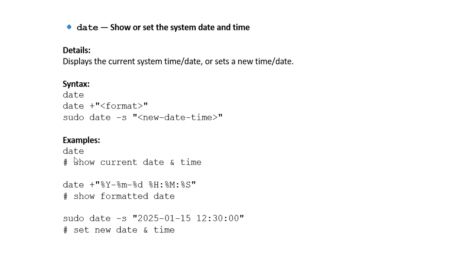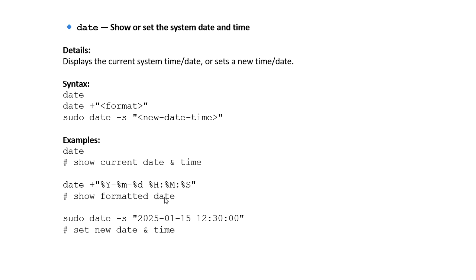The example is date only, which shows the current date and time, and the modified one is date plus percent Y hyphen percent m hyphen percent d, for the year, month and day, then a space, then percent H is hours, colon, percent M is minutes, colon, and percent S is seconds.